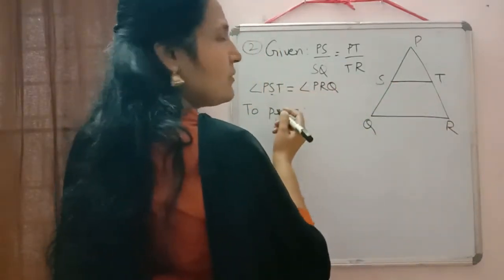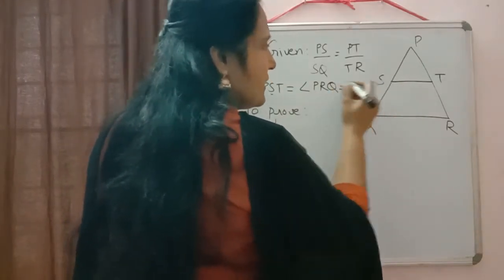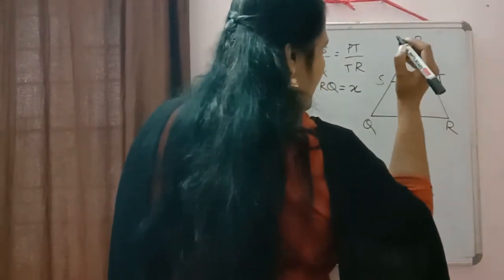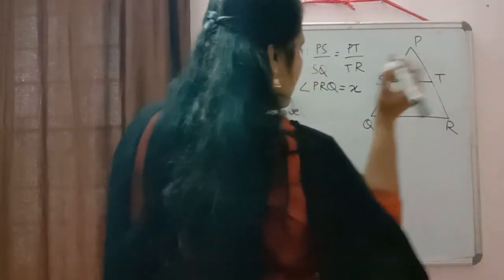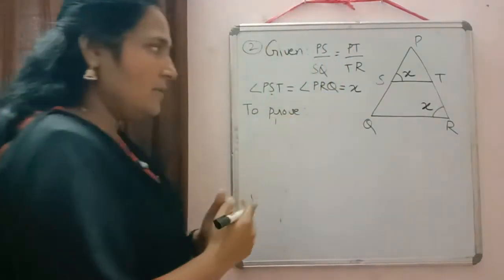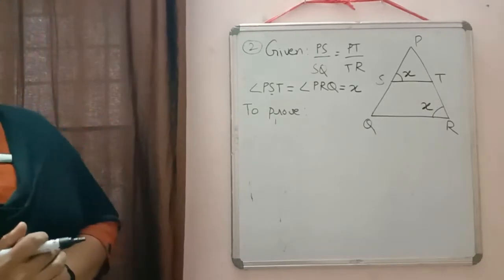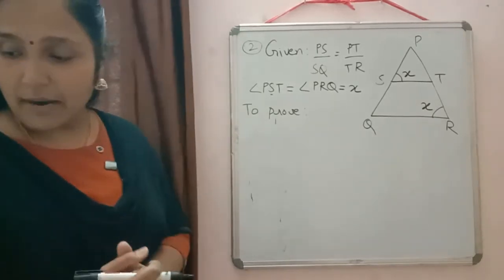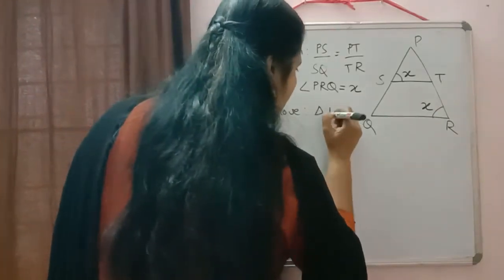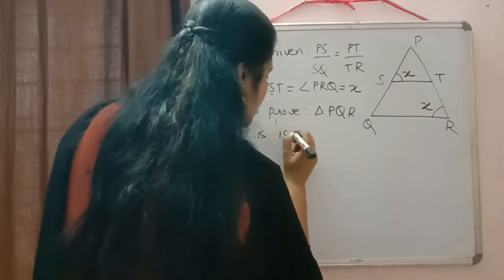So both are equal, it is given. For our convenience, we can take both equal to X. So in the diagram, we can mention here angle PST is equal to X and angle PRQ also equal to X. Now here what we have to prove? We have to prove triangle PQR is an isosceles triangle.